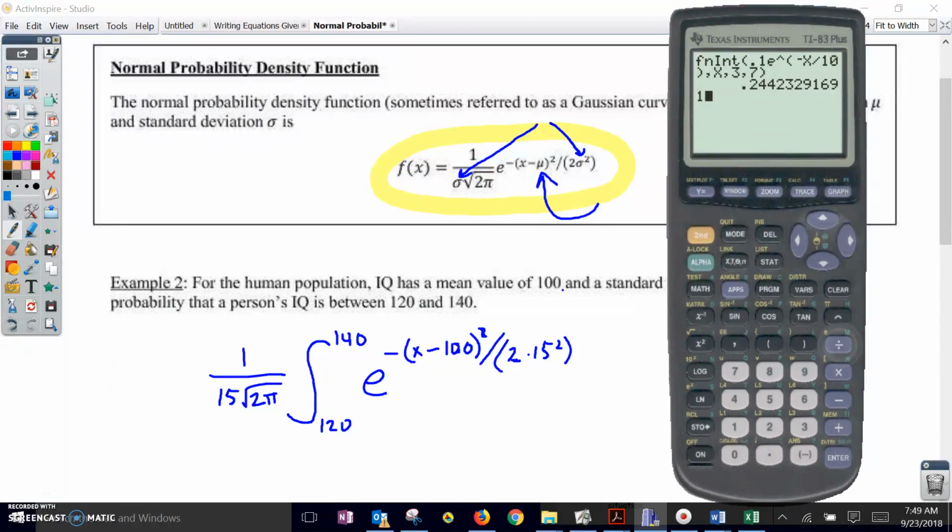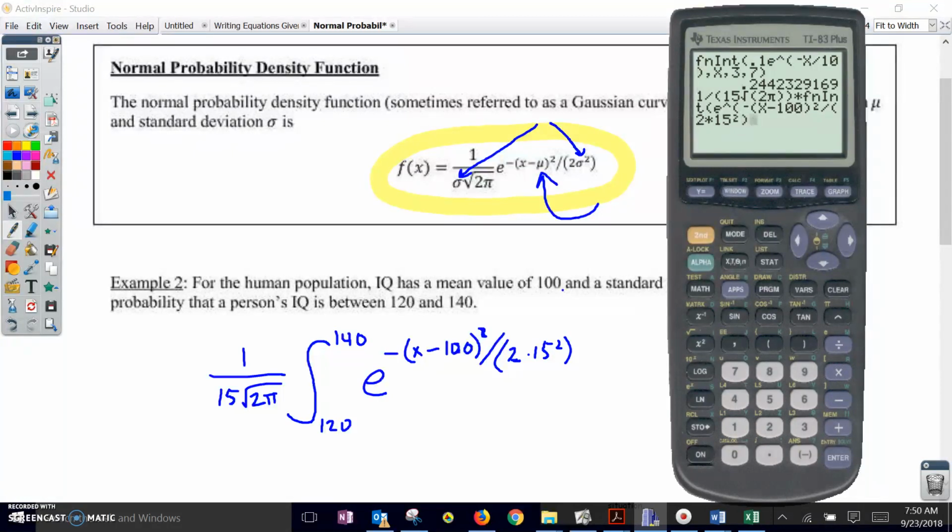So I've got 1 over the quantity 15 times the square root of 2 pi, times the integral of e to the opposite of the quantity x minus 100, quantity squared, divided by the quantity 2 times 15 squared.